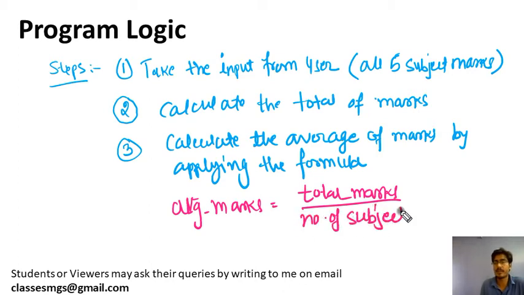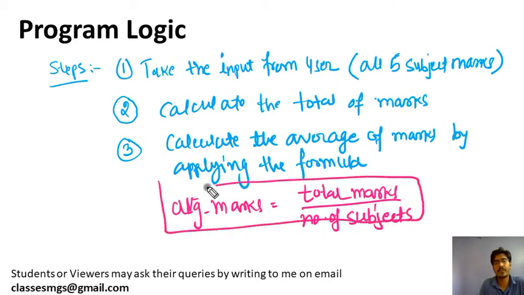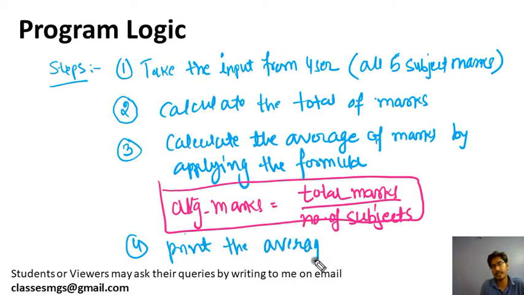After that, simply print the average marks. This is how you can calculate the average marks step by step. Now we will see how we write the Python program for that, and then we will see the demonstration in an editor.